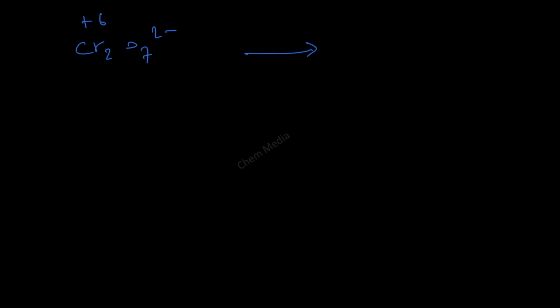So it is undergoing reduction and becoming chromium 3 plus. But when we have 1 mole of dichromate ion, how many moles of chromium 3 plus we will get? We will get 2 moles, isn't it? Otherwise the equation is not balanced. So for 1 mole, how many moles of electrons are required? That means we require 6 moles of electrons, isn't it?